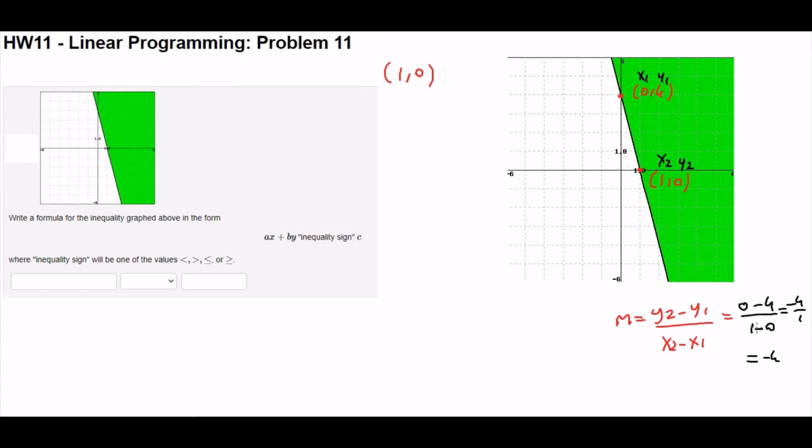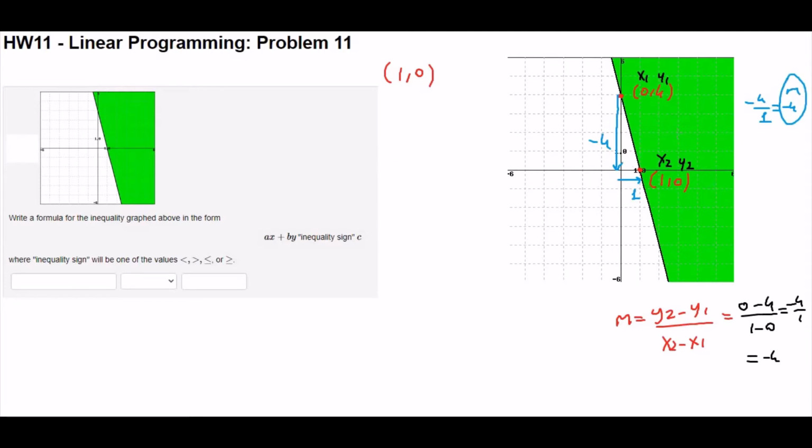So negative 4 is our slope. You could also count here on the graph, rise over run, 1, 2, 3, 4 units down, which is negative 4, and 1 unit right, which is positive 1, and rise over run would be negative 4 over 1. That would be our slope, m.